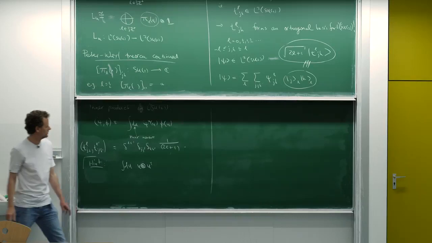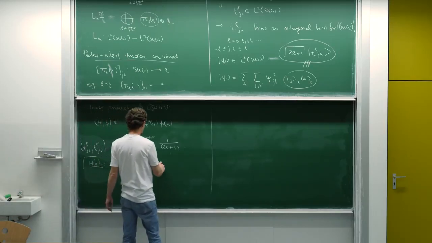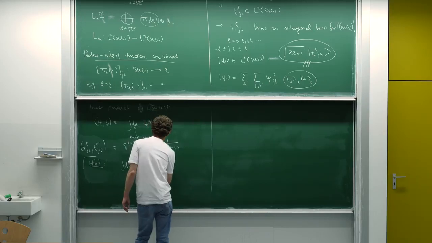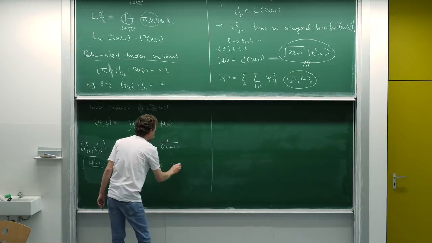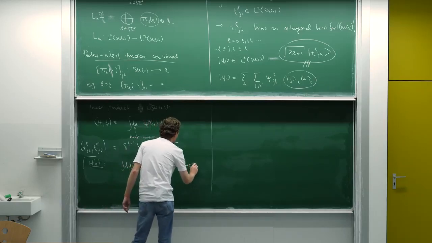If you have something like U tensor U dagger, and you integrate over the unitary group, it's going to be proportional to the identity plus the swap operation.